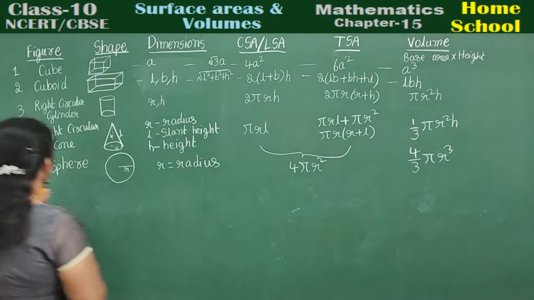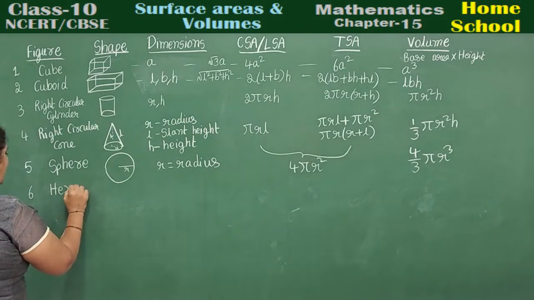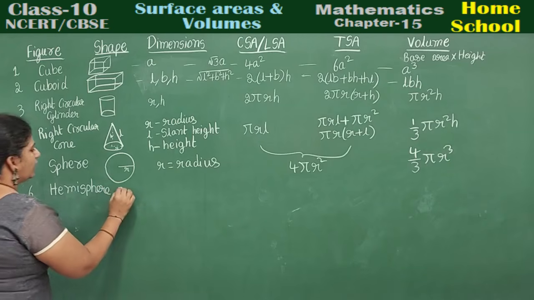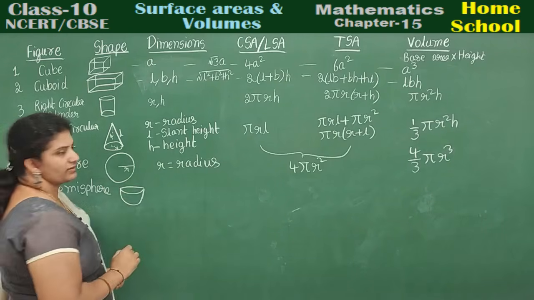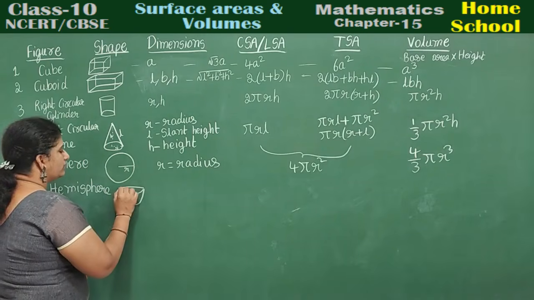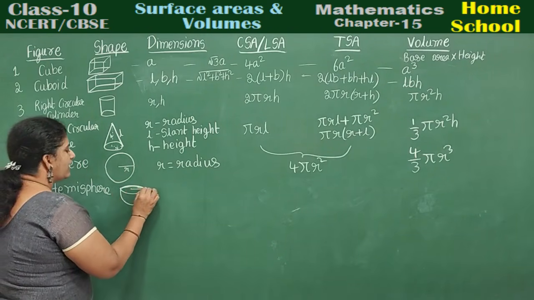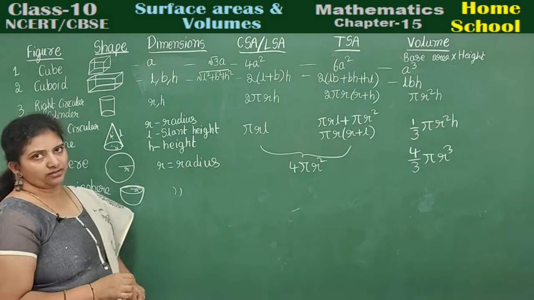Let's write down here. Next solid, hemisphere. How do we draw it? Like this, circular and like this. This is the way we draw a hemisphere, and it has radius r.